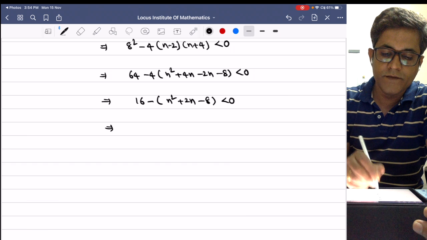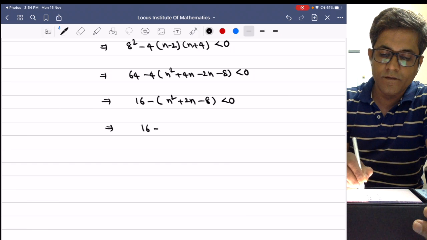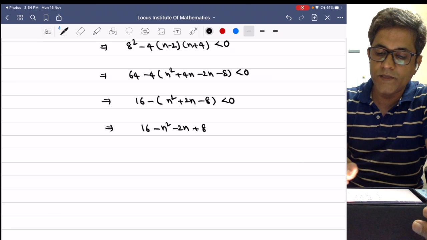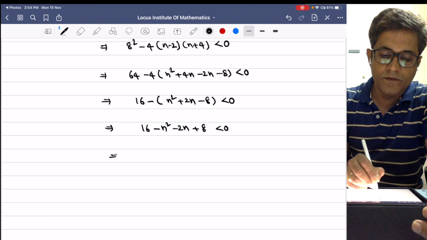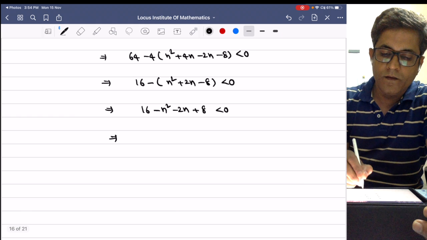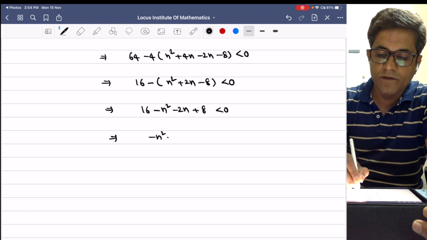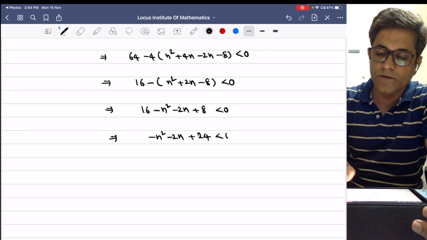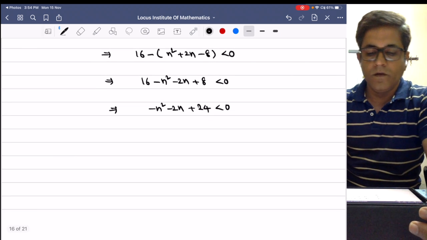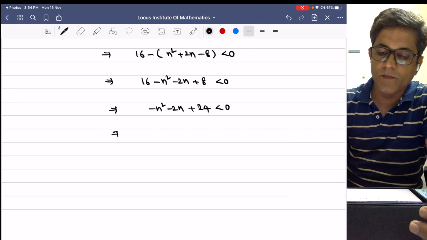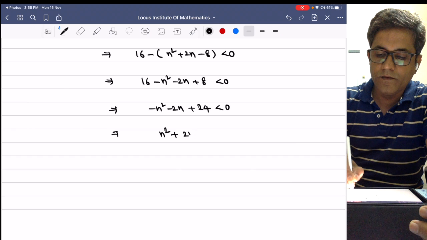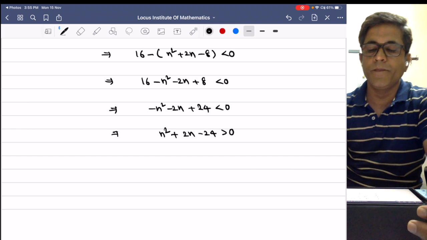So 16 − n² − 2n + 8 < 0. This implies −n² − 2n + 24 < 0. Now we take out minus common and cancel out, then the inequality changes. Therefore n² + 2n − 24 > 0.